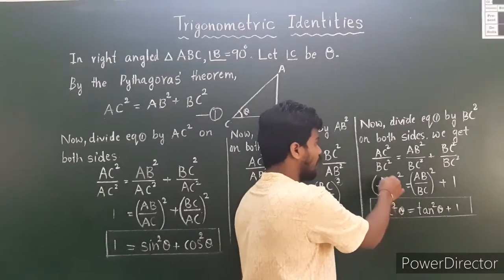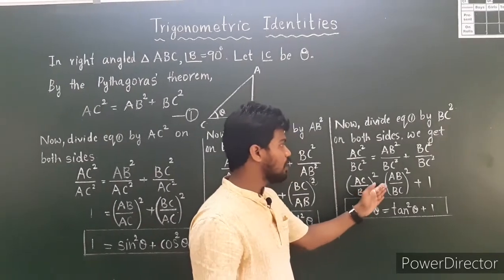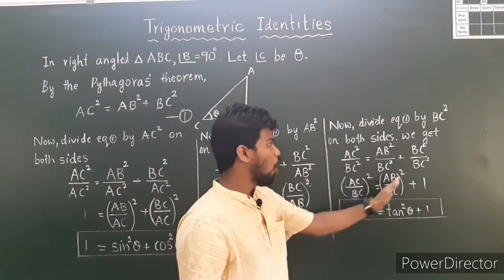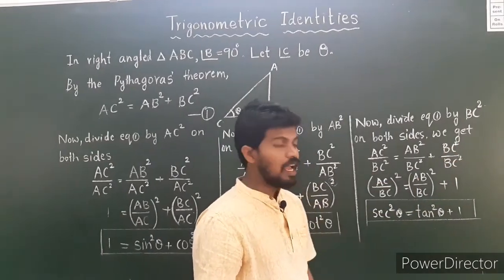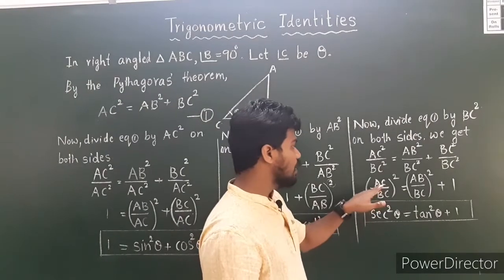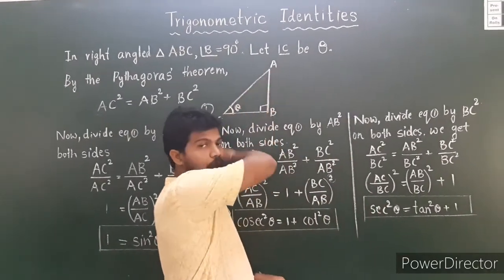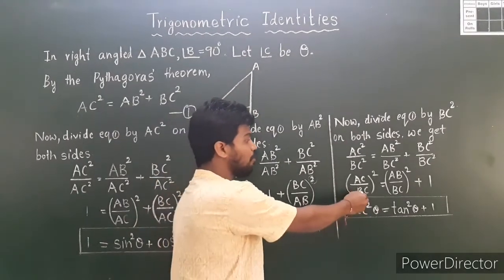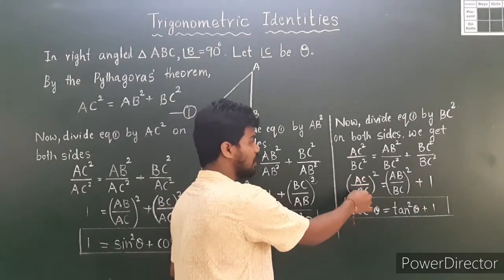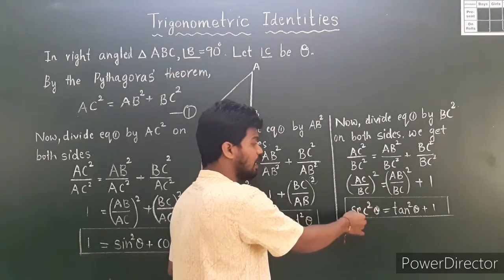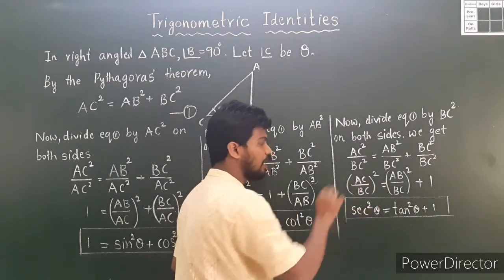Taking the square outside, AC by BC whole square is equal to AB by BC whole square plus 1, since BC square gets cancelled and you get 1. Now AC by BC: AC is the hypotenuse and BC is the adjacent side. Hypotenuse divided by adjacent is secant theta, and we have a square here, so secant square theta.